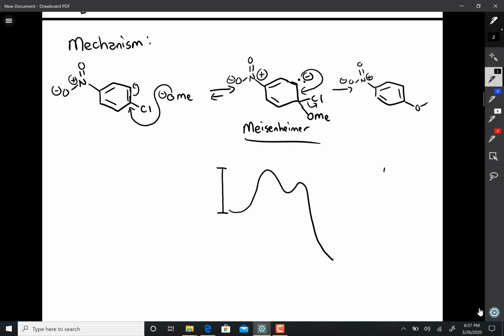That means the transition state looks most like the intermediate. Another way of phrasing this is Hammond's postulate. Since this transition state is late, it closely resembles the intermediate. And so the more stable the intermediate, as we lower the intermediate's energy, the transition state is also lowered, making the reaction go faster.